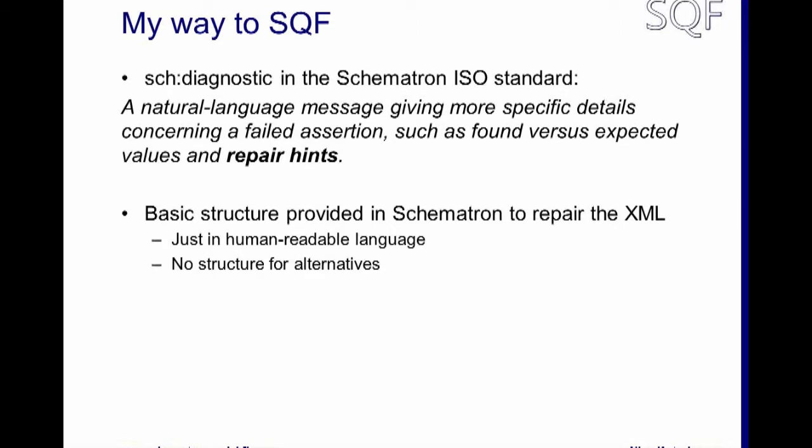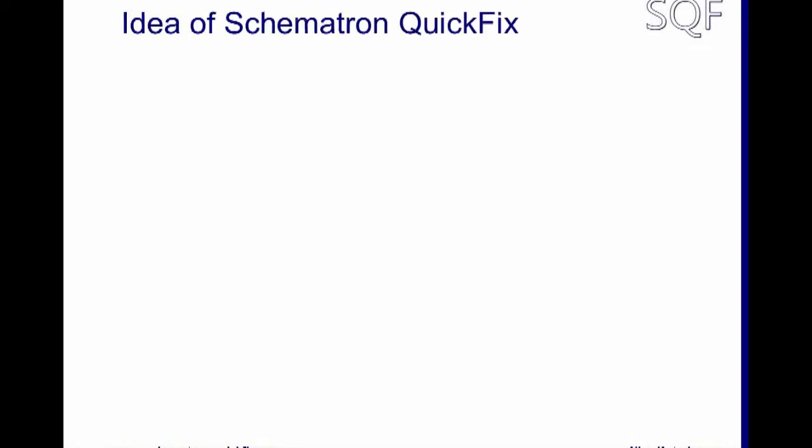And what I missed is alternatives. You cannot say, okay, this is a possibility to resolve this error, and there's another possibility to fix this error. And that was the start of my idea.